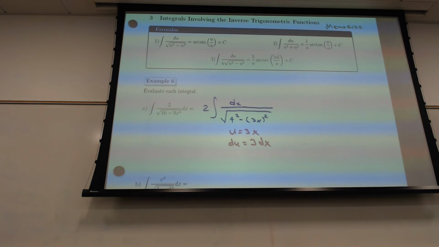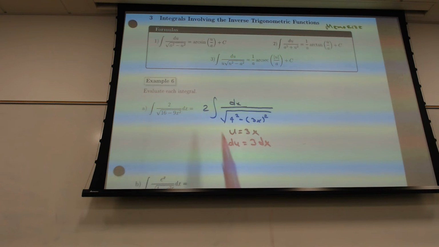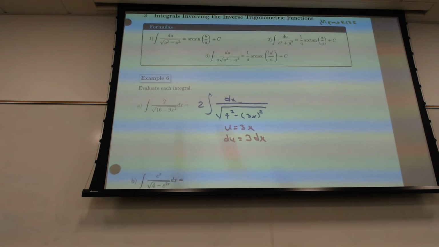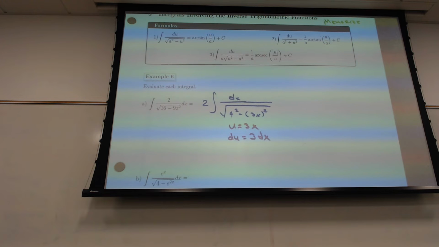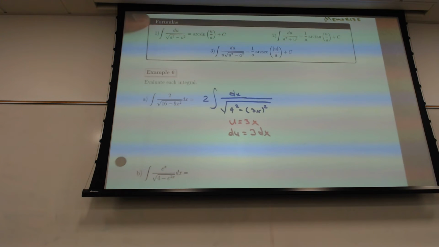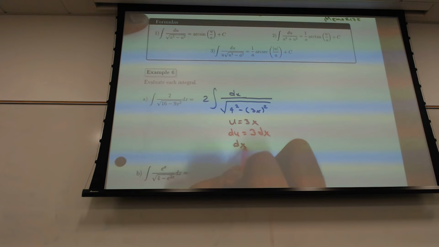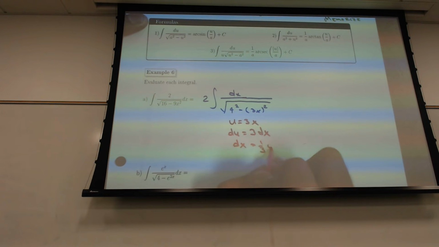And well, here is the thing. Here is where we may differ in the way that we do this u-substitution. Some of you might have learned the u-substitution by just multiplying and dividing by that quantity. Some of you may have learned it in a different way, which is the one I'm going to do. I'm going to solve for dx, which is 1/3 du.